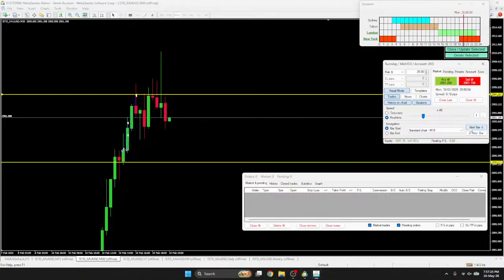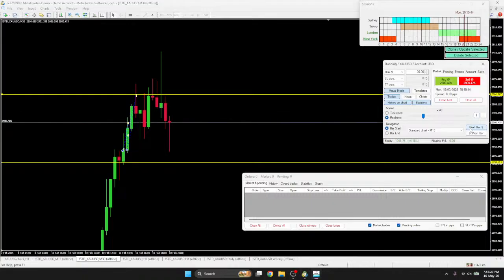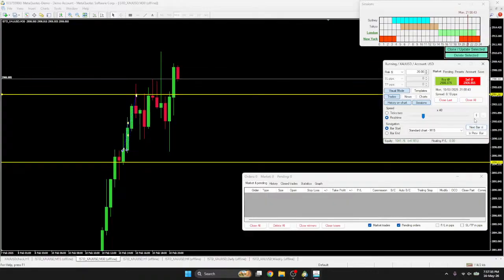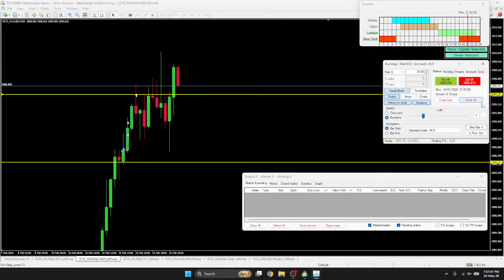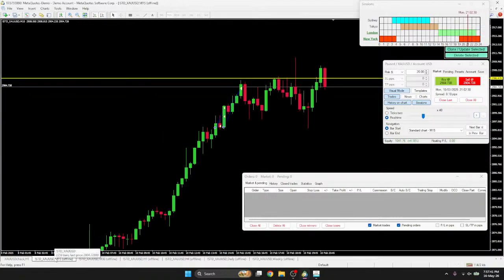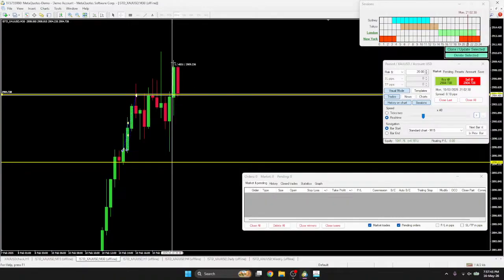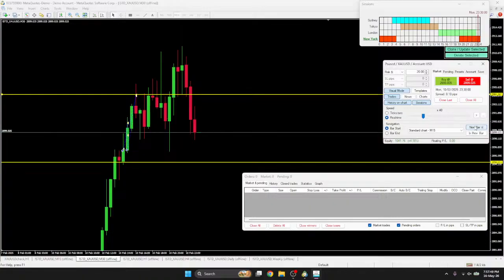Okay, I'm just forwarding the candle. Okay, the market just pushed up and closed above the resistance area, but closed here far away from the resistance area. So our trading time just finished.